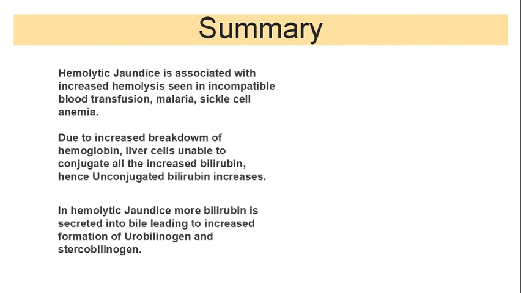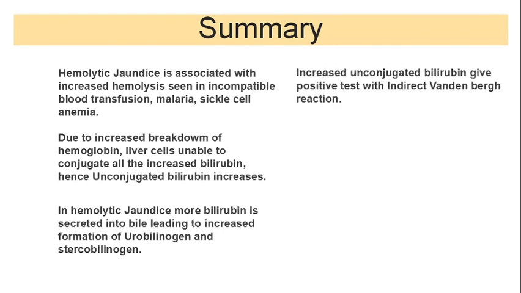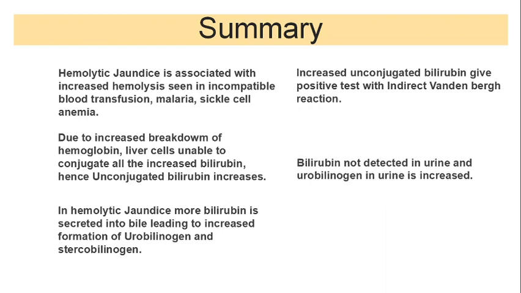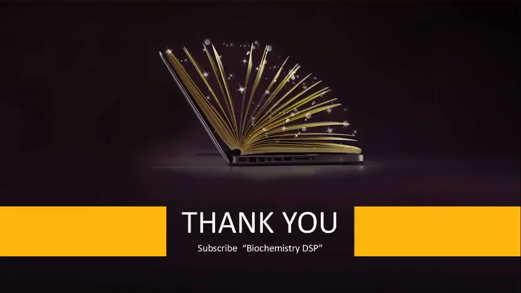In hemolytic jaundice, more bilirubin is secreted into bile, leading to increased formation of urobilinogen and stercobilinogen. Increased unconjugated bilirubin gives a positive test with the indirect Van den Bergh reaction, and bilirubin is not detected in urine, and urobilinogen in urine is found in increased amount. So that is all about hemolytic jaundice.